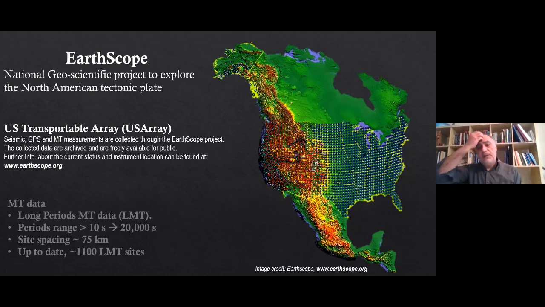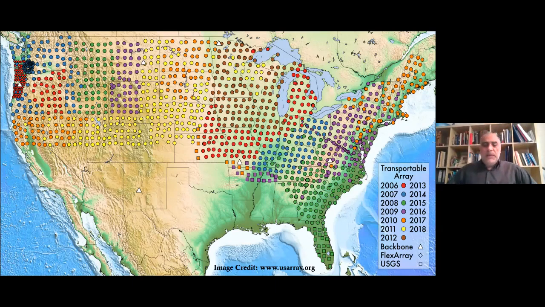Now, the distribution of the MT array is as shown here. Almost the whole northern part of the United States is covered with long-period MT data. The portal where these EDI files exist also includes some small or local arrays, like the one located at the western coast of the United States, but I will consider only the long-period USArray in the next slides.